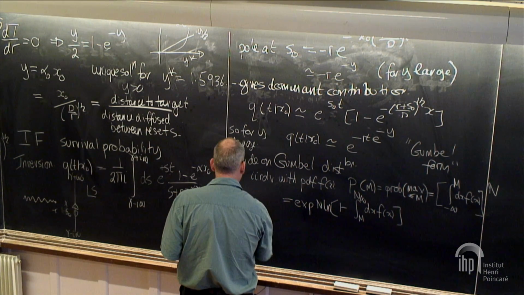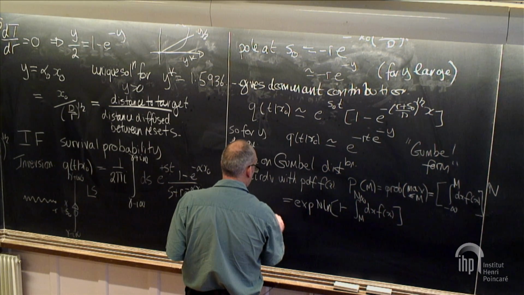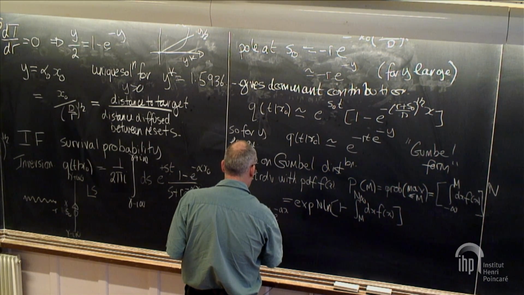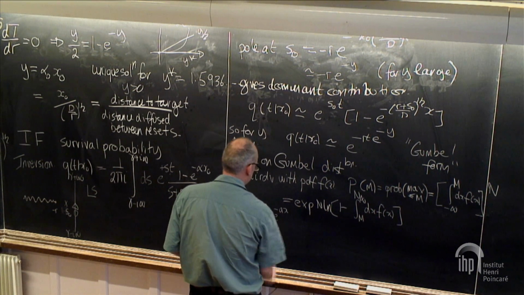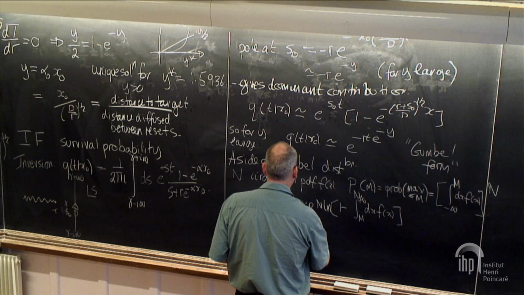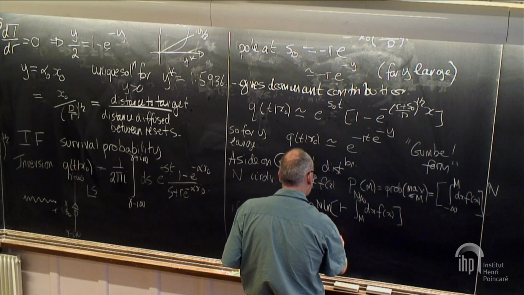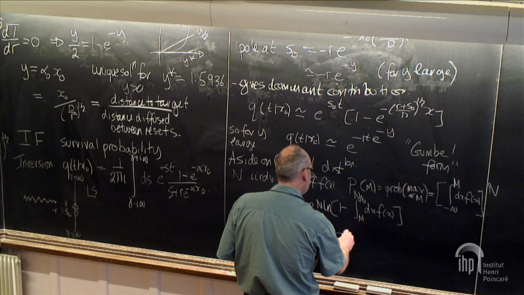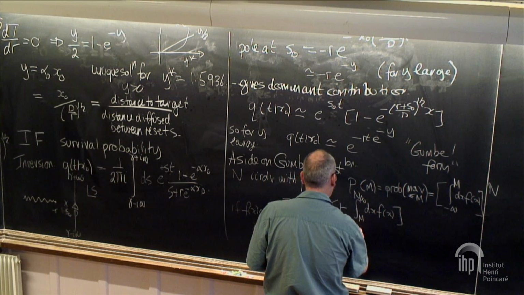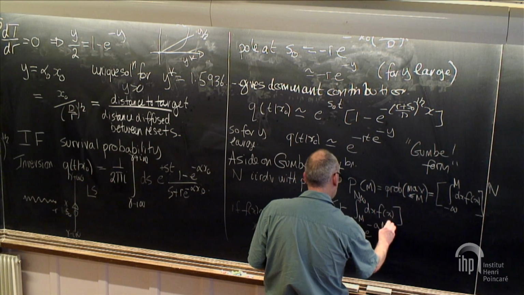So if f of x goes like a e to the minus a x, where a and little a here are constants, then in fact this probability here will approximately be exponential, expanding the log and doing the integral, I get minus n a over a e to the minus a m.